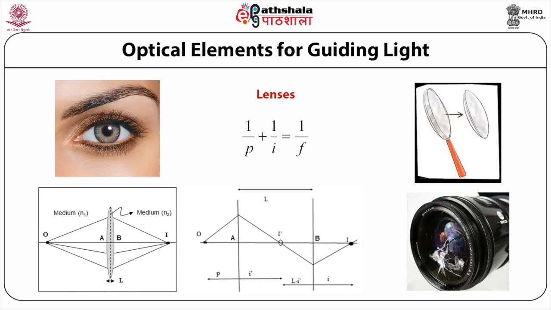For example, in the image shown here, the object placed at point O is imaged at point I by a very thin lens, and the imaging by the lens is very well understood or explained by geometrical optics, which is shown in the second figure here.